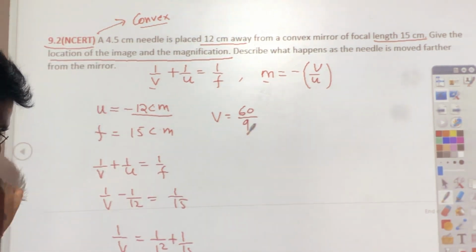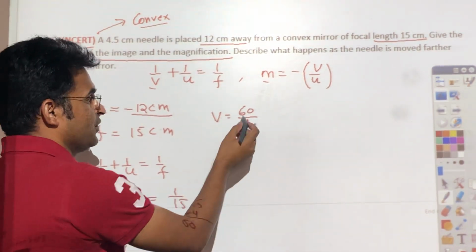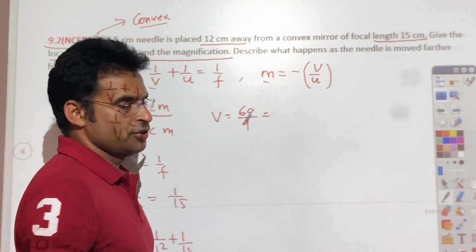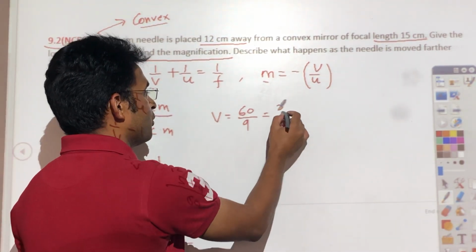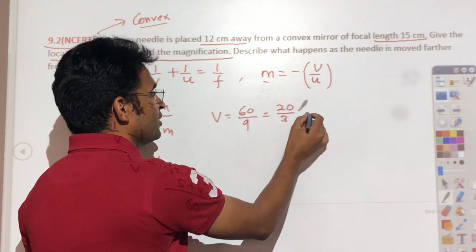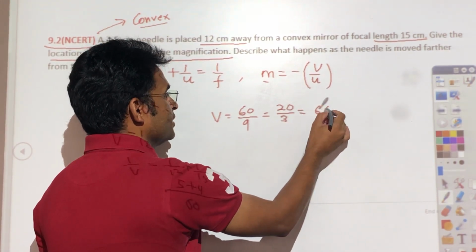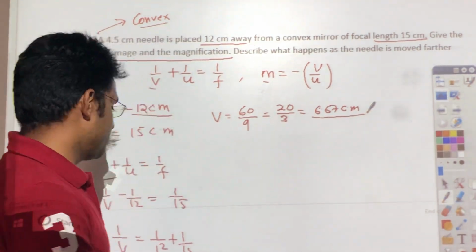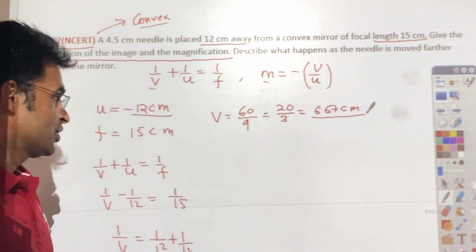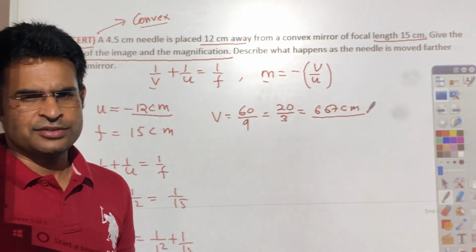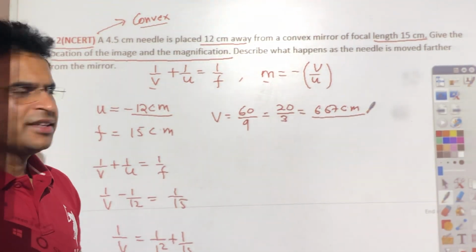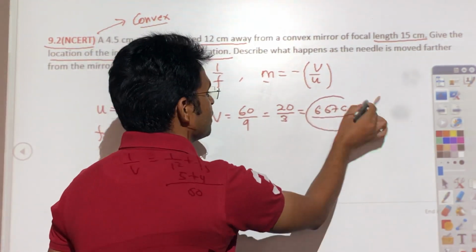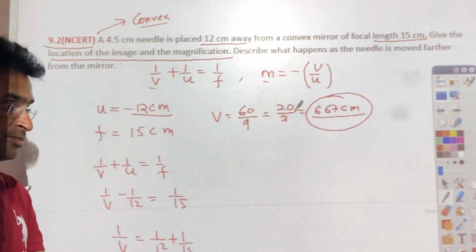Dividing numerator and denominator by 3, that becomes 20 divided by 3, approximately 6.67 centimeter. We are getting a positive value, which means the image will be real, but they are not asking for the nature of image, just the position. So the position of image will be 6.67.